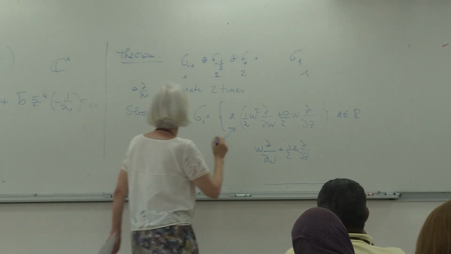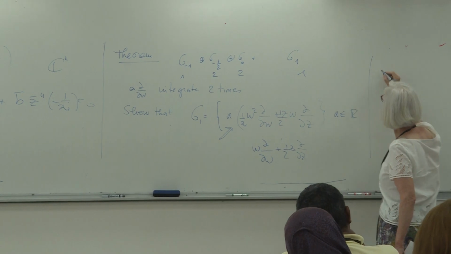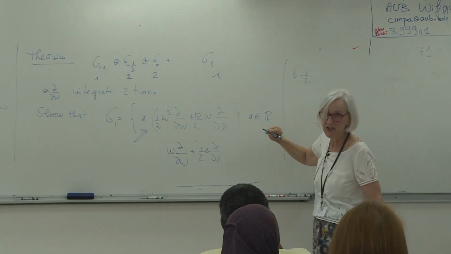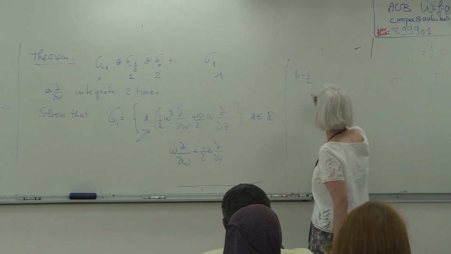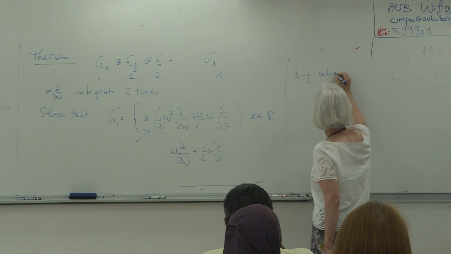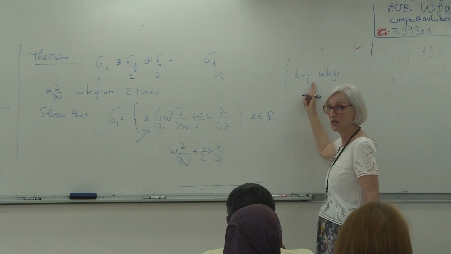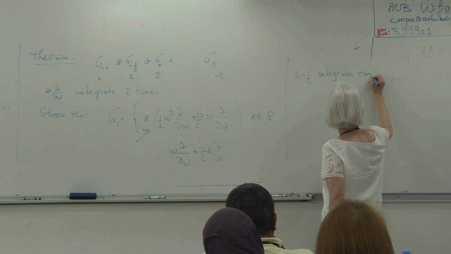The element of g minus 1 over 2 integrates one time only. There are 2 guys to verify, remember? Because it's of dimension 2. It integrates just one time.